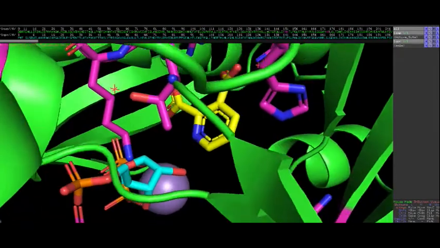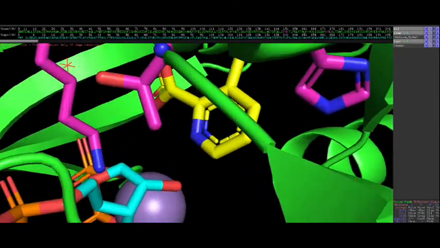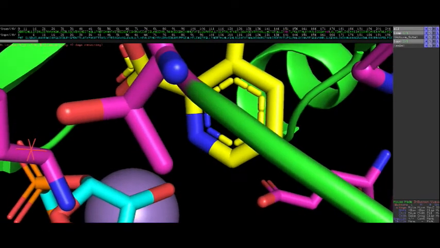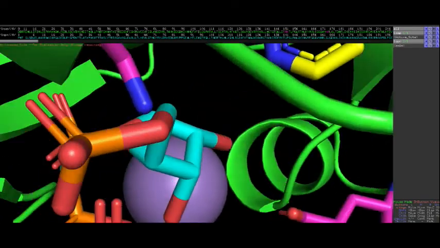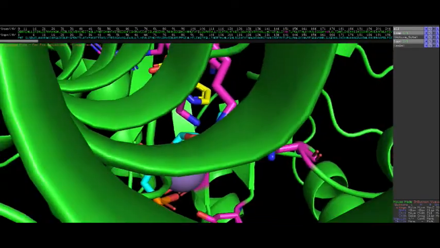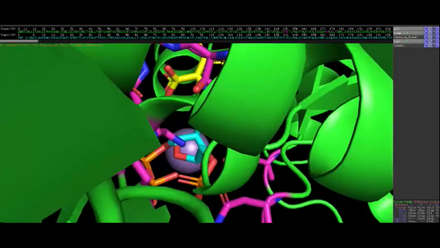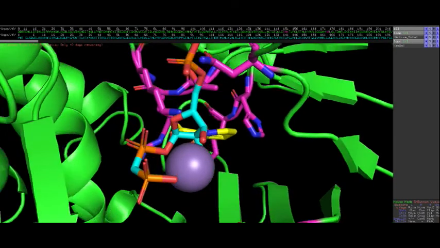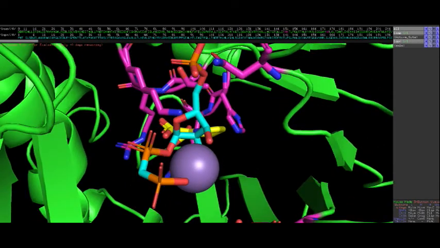We can see that this nitrogen is brought in close to this phosphoribosyl pyrophosphate. Well, this is a phosphoribosyl pyrophosphate analog here.